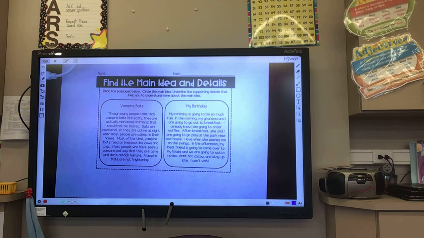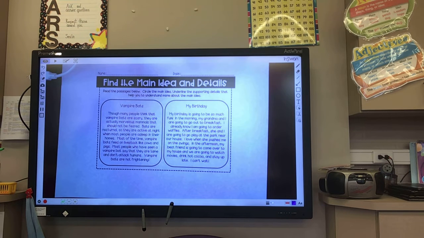Most people who have seen a vampire bat say they are tamed and do not attack humans. That is not it. That is not our main idea.